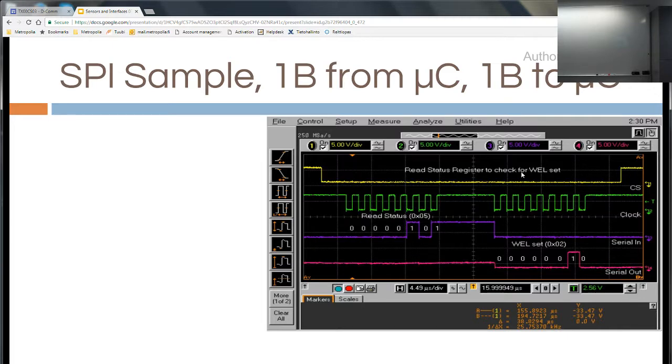One thing about SPI: since there's only that one clock line and there are two data lines, they are working simultaneously.